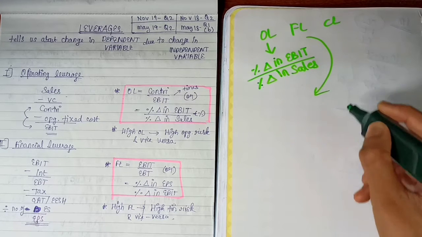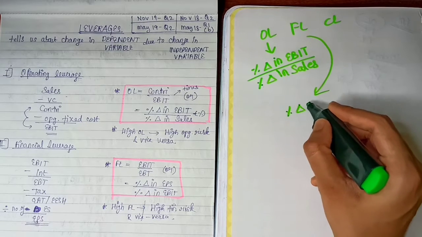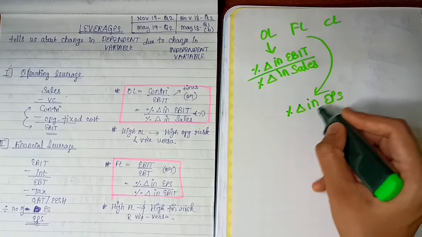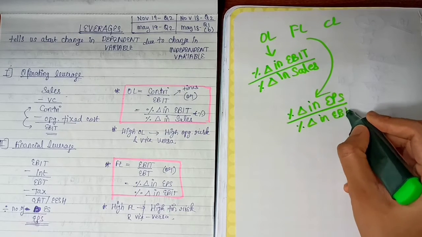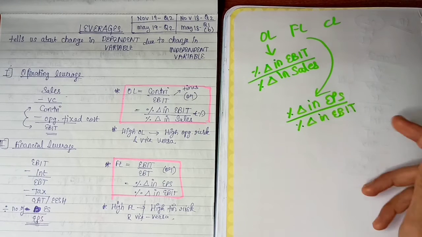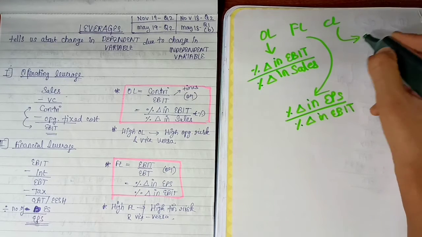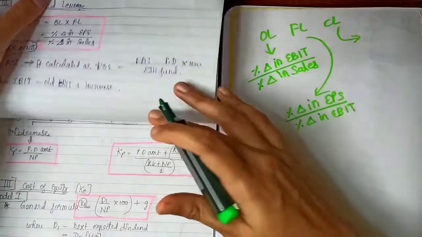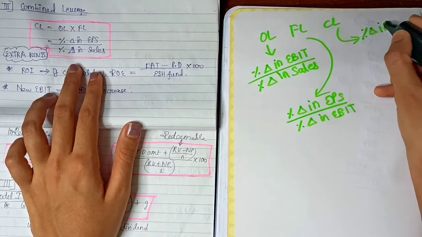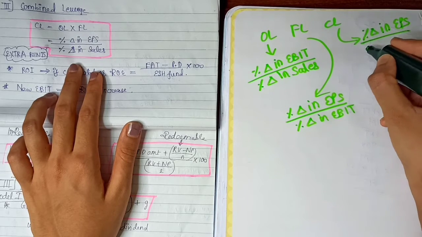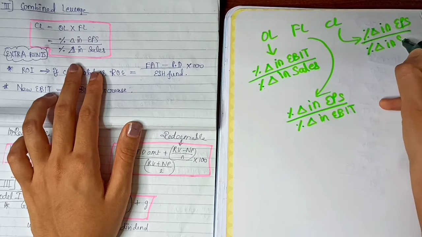For financial leverage, another formula is percentage change in EPS by percentage change in EBIT. And the other formula of combined leverage is percentage change in EPS by percentage change in sales.